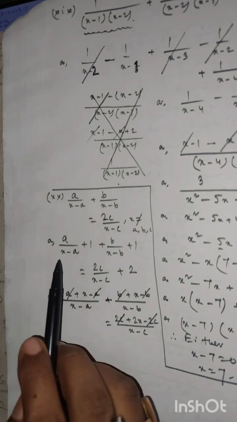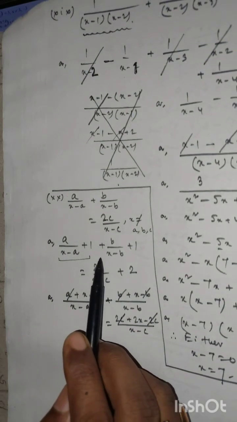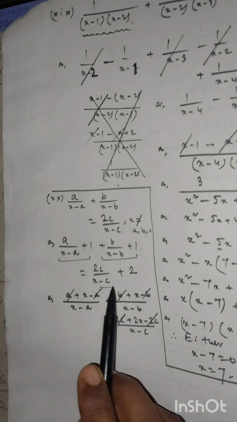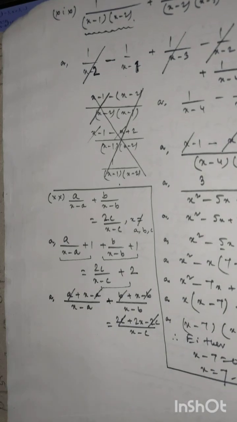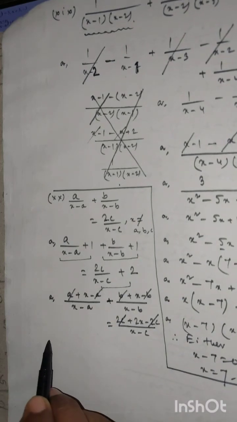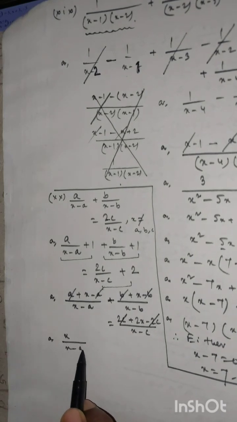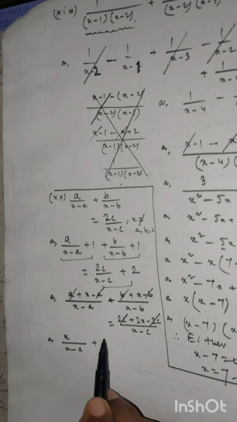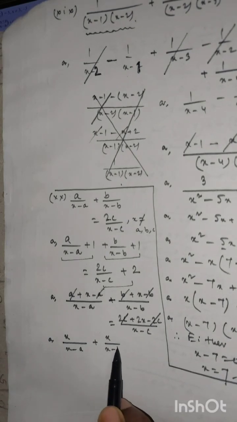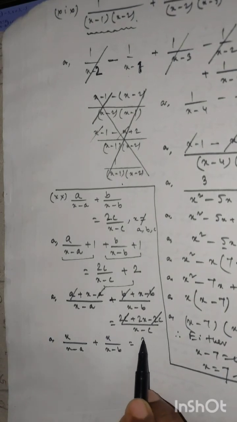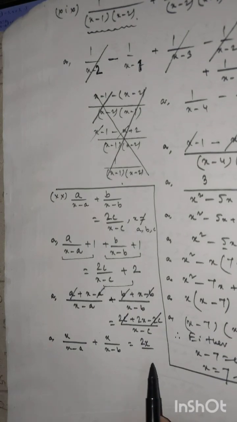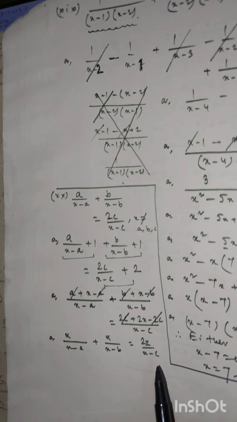We added these two quantities, and we added these two quantities. Or x by x minus a plus x by x minus b equal to 2x by x minus c.